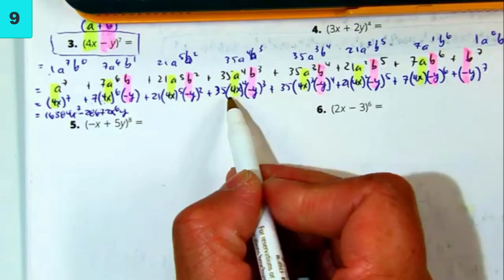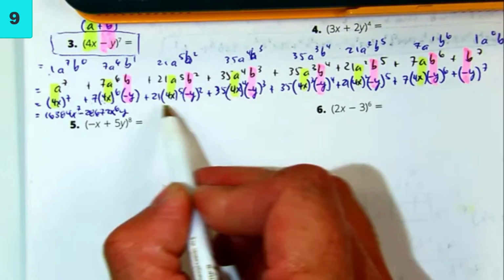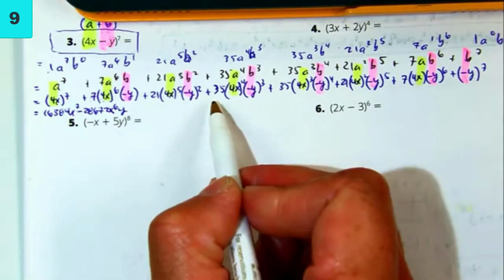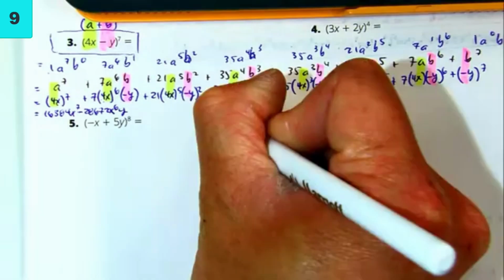For that one, I got 21,504x. Oscar's doing this one right here, the third one. Do you have the fourth one? Starts with an 8. It's 65,536.